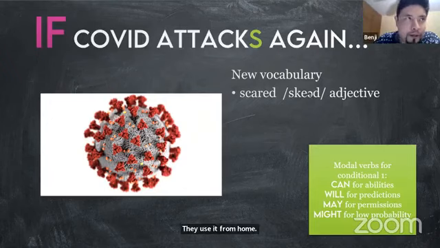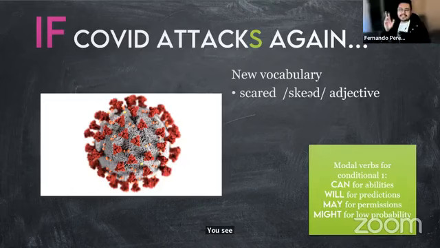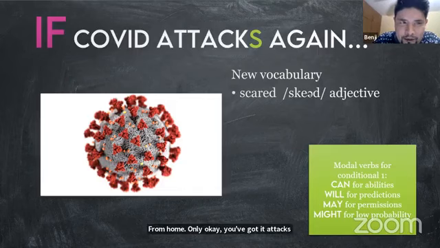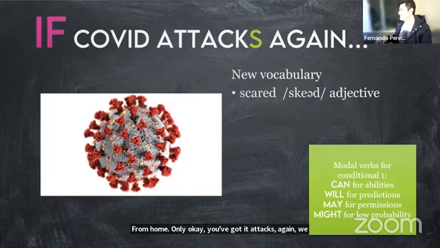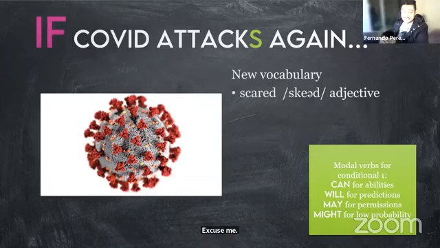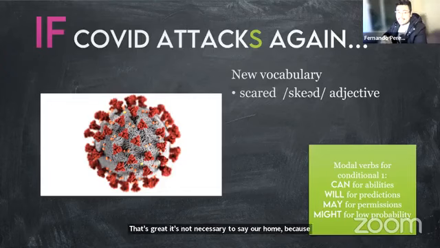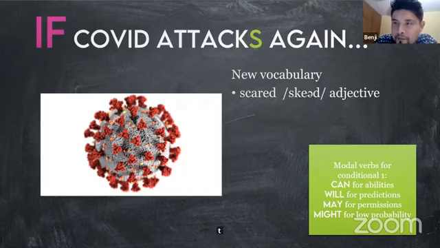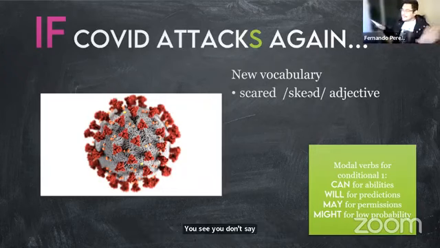Okay. From our home? Not necessary, only home. If COVID attacks again, we can work from home. Excellent. That's correct. It's not necessary to say our home because home has an emotional connection. So if I say our home, it is redundant. You don't say my home, and you don't say our home, only home. Okay.